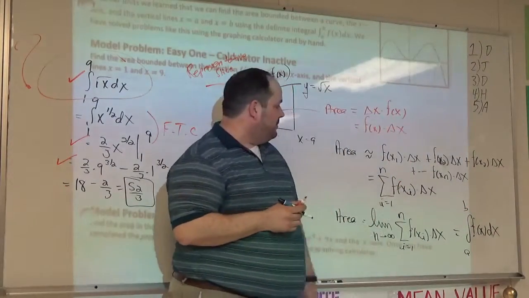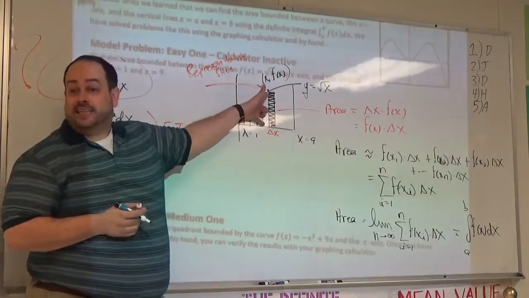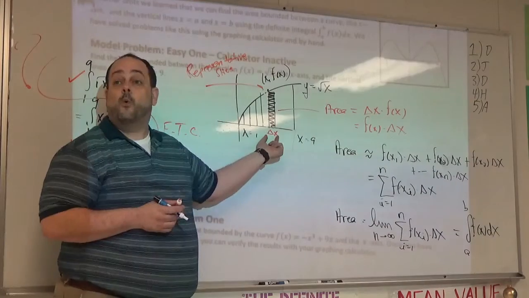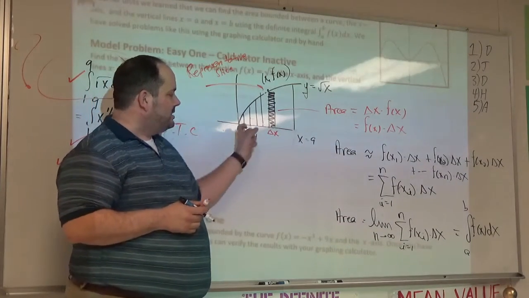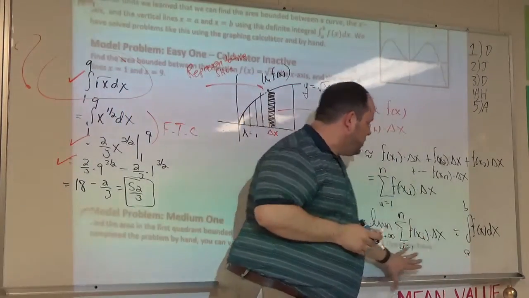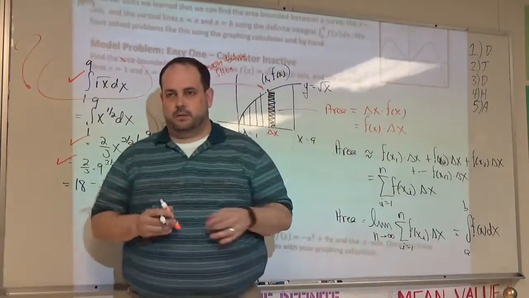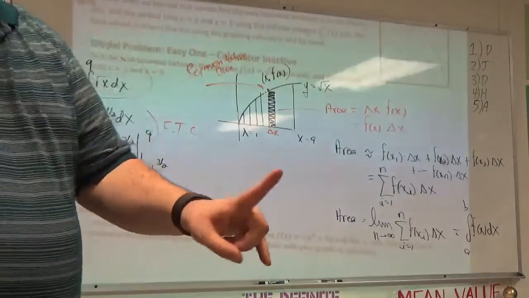But I want to remember forever why f of x, because that's the height of a rectangle slice. Why delta x, because it's the width of the rectangle slice. Why the 1 and the 9, because it's my start point and my end point. This idea, we're going to come back to it with volume, with perimeter, with all the things. Big picture, everybody okay? Any questions?